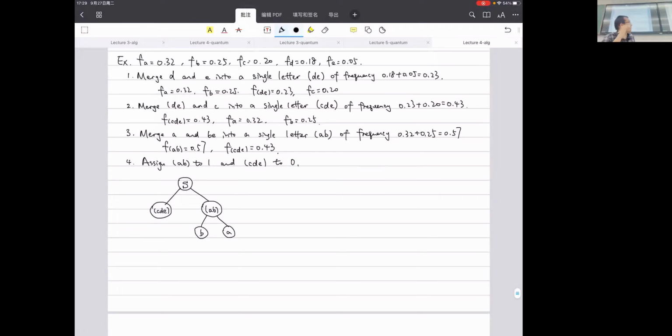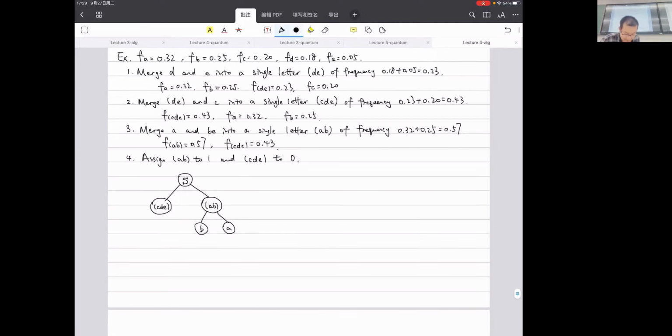After looking back along the fourth step and the third step, we are now looking at the second step. Here we merge DE and C, and the frequency of DE is larger than the frequency of C. So let's write DE here and C here. And finally, we have a D here and an E here.